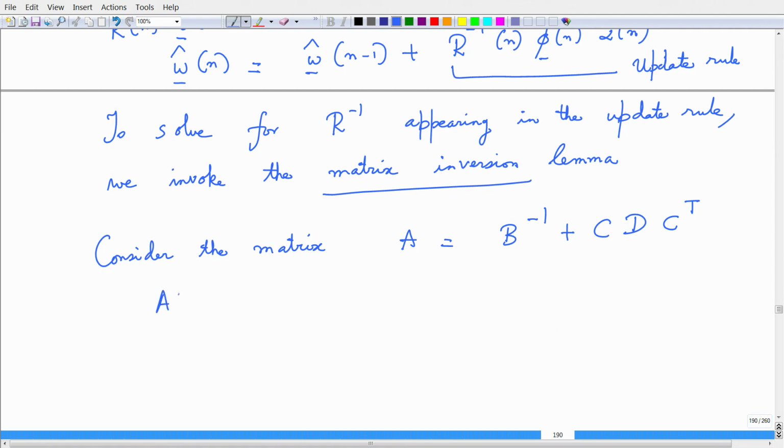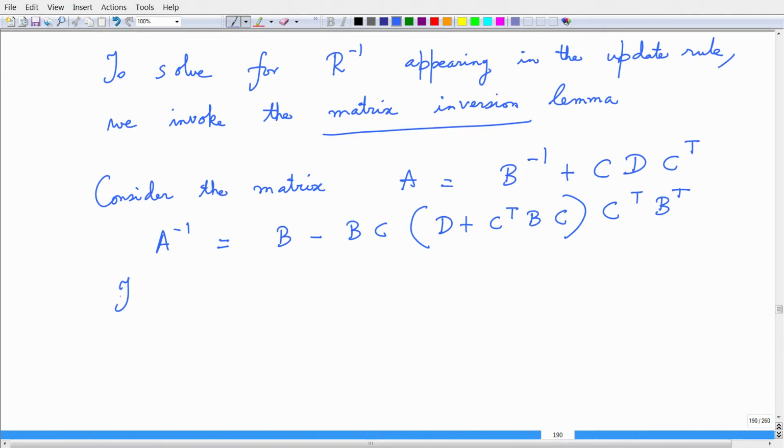Then A inverse can be computed as B minus B times C times D plus C transpose B times C, inverse, times C transpose B transpose. This is the result. So if I have matrix B and these other matrix elements C and D which form the matrix A in this form, that is B inverse plus C times D times C transpose, then we can compute A inverse in this form.